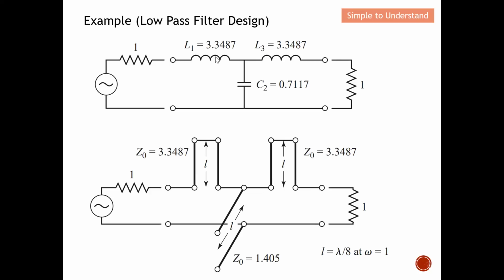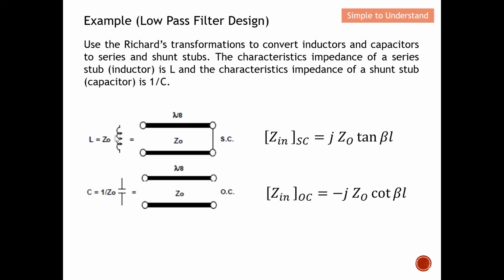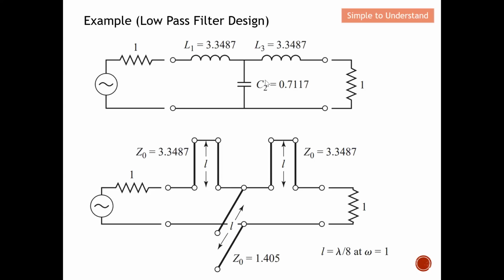Basically, the L will remain the same. If you still remember the Richards transformation, the L value will be the same, while for the C it is reversed, 1 over. So this is the same, this is the same, but for the capacitor I need to do 1 over 0.7117, which gives me 1.405.